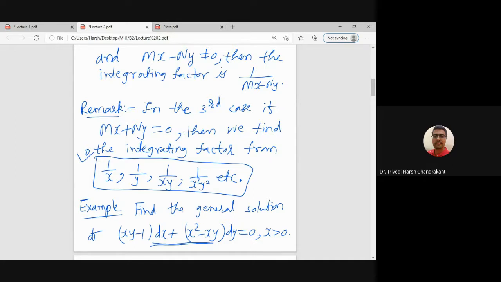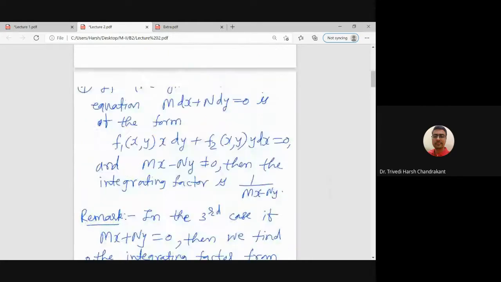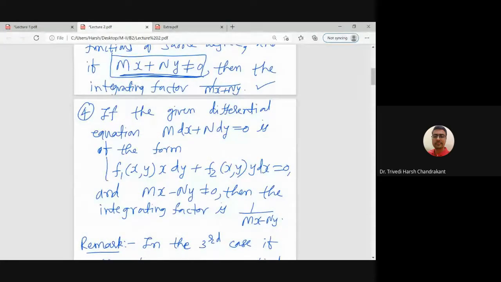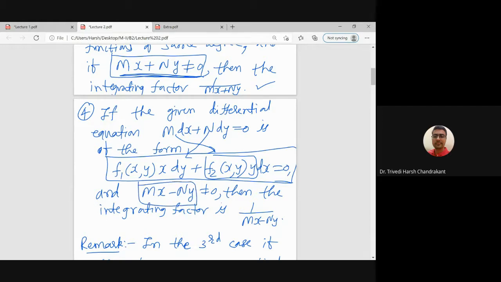So this is a part of the third case, and the fourth case is whenever we have this type of differential equation, in which from the M term, that is the M term is this one, we can take y common, and from the N term we can take x common, and if this quantity is non-zero, then we have this to be the integrating factor.